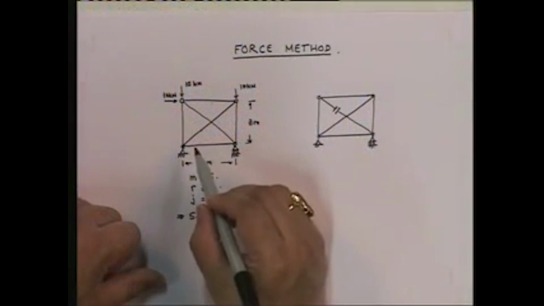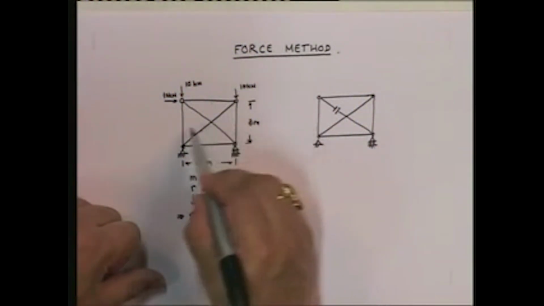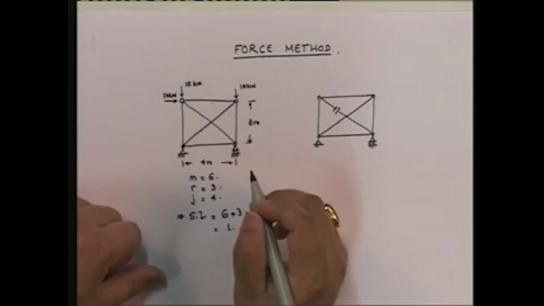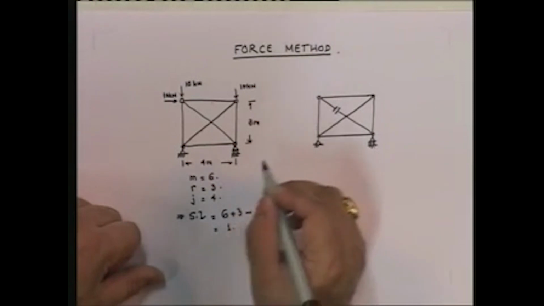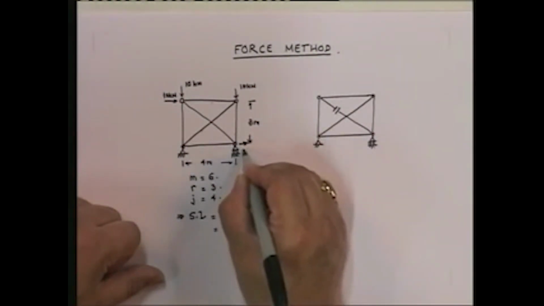Now we go into the steps of how to use the force method to analyze. What do we need to find out? Here, let's just state the problem. The problem here is that I want to find out all the forces, the forces in all the members, plus I also want to find out the horizontal displacement of this point.